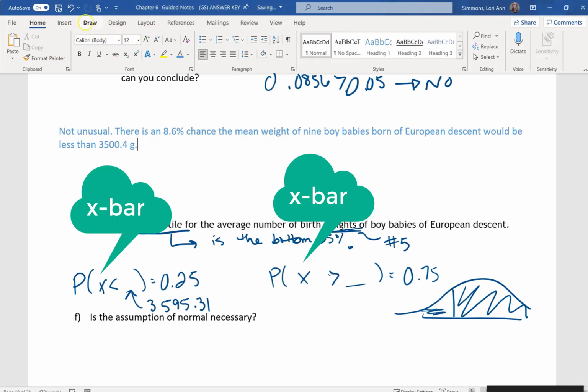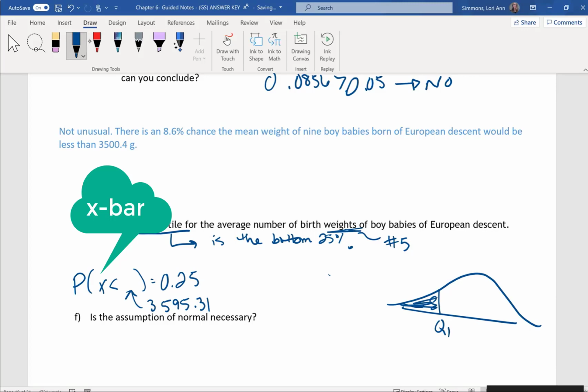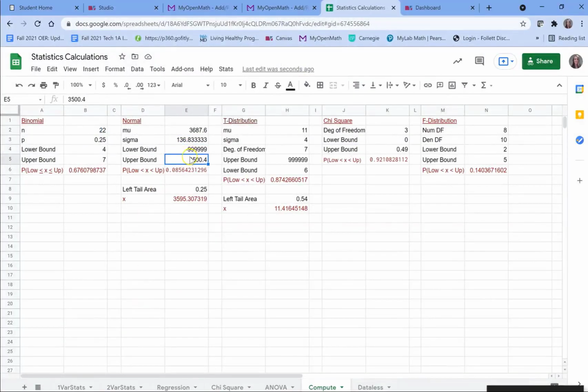So that's why right off the bat, I did less than, because the calculator looks at less than. So what was the percentage at less than at quartile 1? 25%. So hopefully that explains why I used less than. And then again, remember, you can put in your upper value. Remember, lower will be -9s. Upper value is what we just found. When you do that, you should get 25% or 0.25.